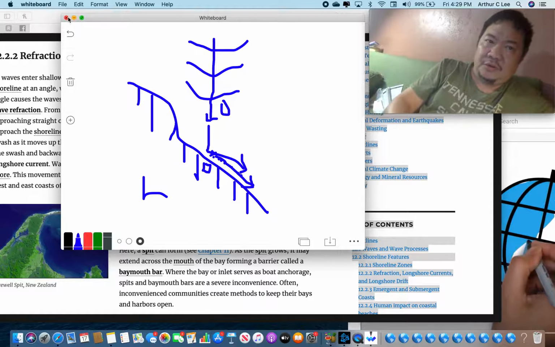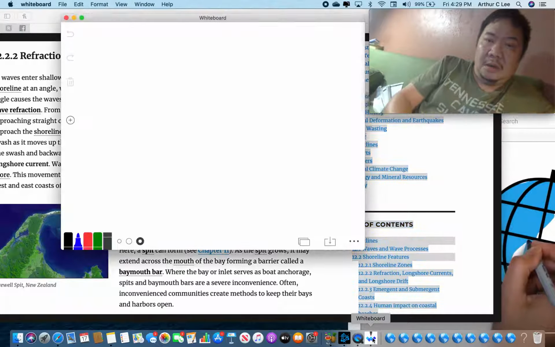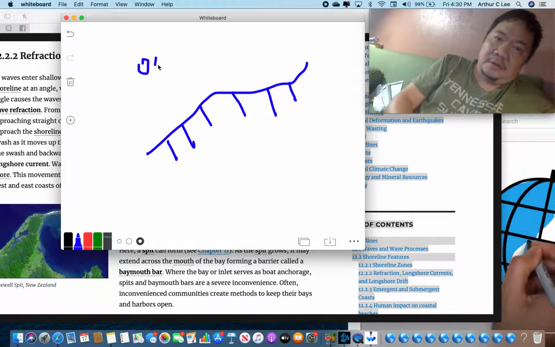I'm drawing another picture here. Okay, let's say the coast looks like this, and this is the land here, and this is the ocean over here.